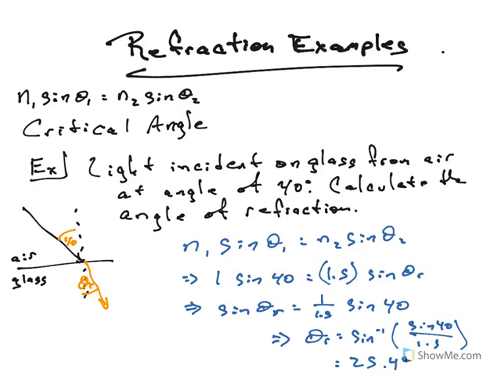If I'm going from a more dense medium to a less dense medium, I'm bending away from the vertical line. So it should get bigger. Well, here I'm going from air to glass, so I should get smaller. And I went from 40, I'm now at 25. So yeah, makes sense. I could box it. And that's basic refraction, Snell's law style of question.